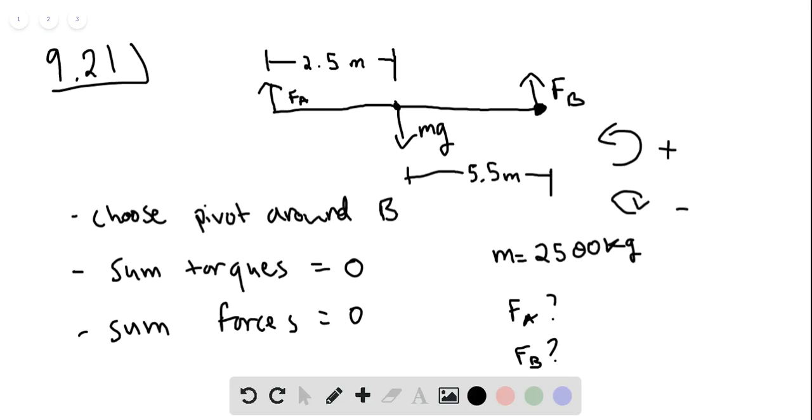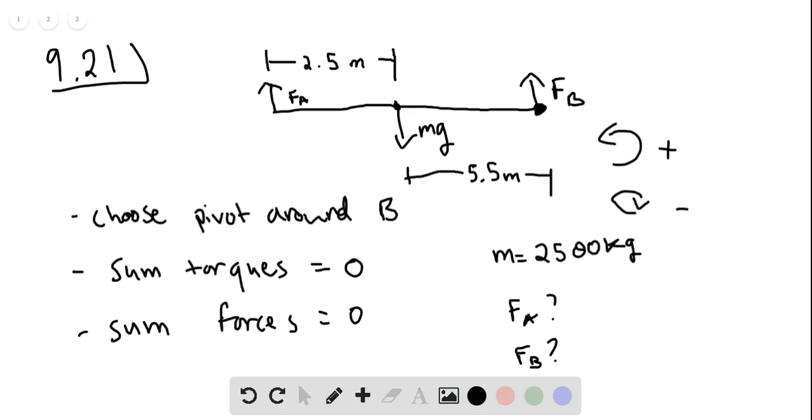Let's go back to our question. Okay, so I've drawn the free body diagram here, and let's just go through a couple things real quick to start off with. The rear tires are going to feel a force from the ground, and that's what FA is going to be.